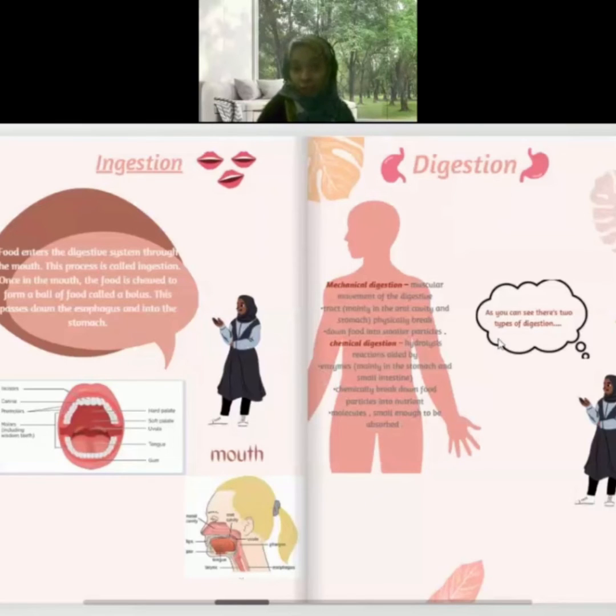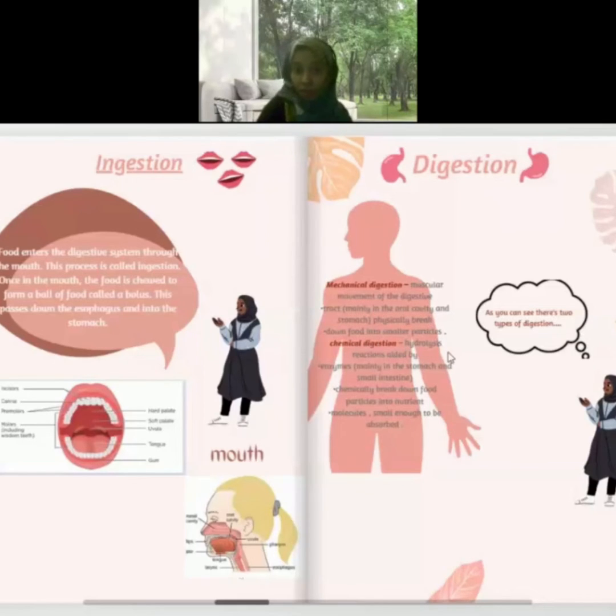Next, we have digestion. As you can see here, we have two types of digestion: mechanical digestion and chemical digestion. In mechanical digestion, the muscular movements of the digestive tract, mainly in the oral cavity and stomach, physically break down food into smaller particles.